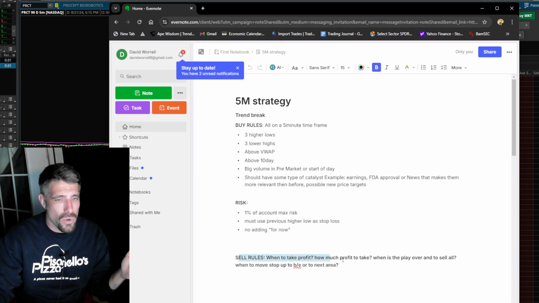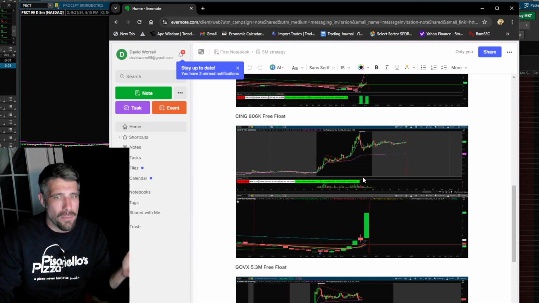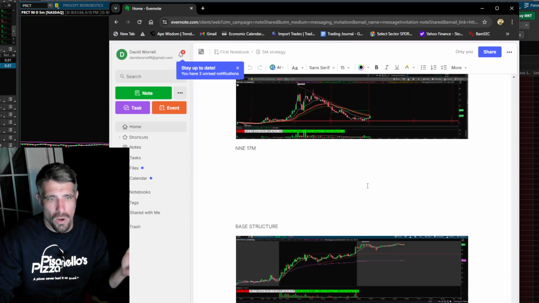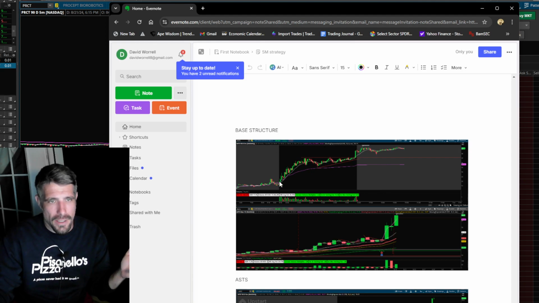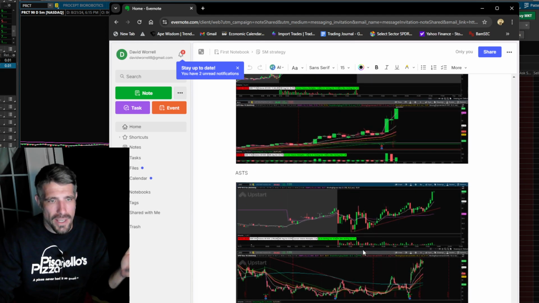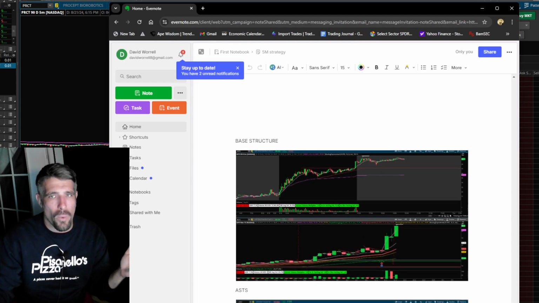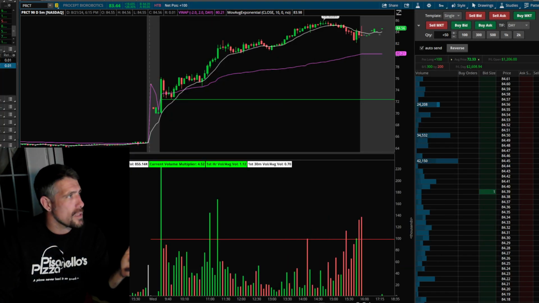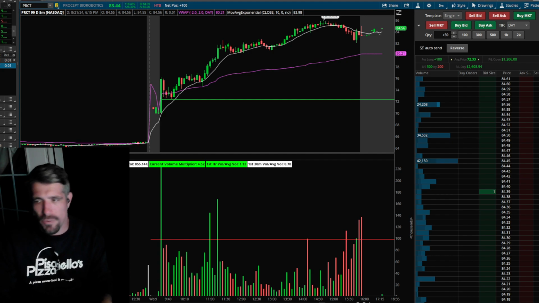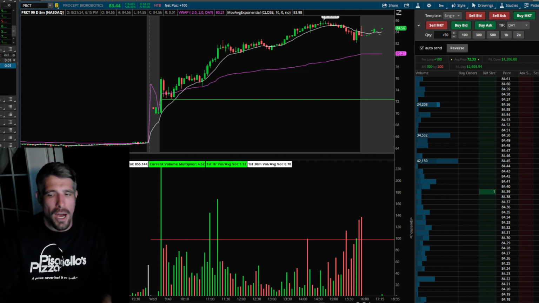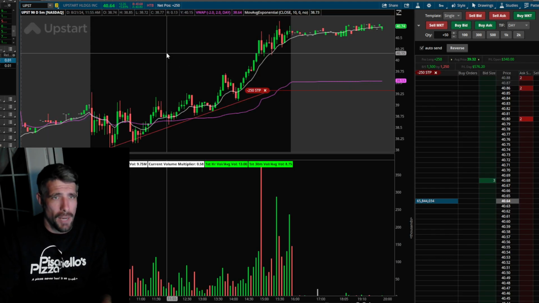The selling rules I'm still really working on. This is how a process starts, and then plenty of examples, and now I've even started adding some base structures onto this as well. But we are going into some other stuff, that's my fault. If adding isn't part of your process or plan before you start trading, then just don't do it.